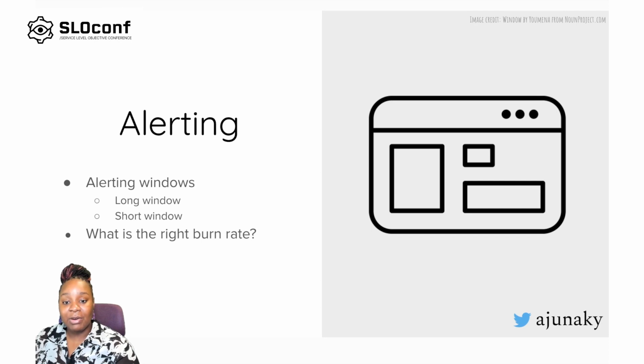The Google SRE book has a section on alerting on SLOs, and they recommend using different types of alerts so you have a wide range of coverage for all the different issues that might be caused in your system.